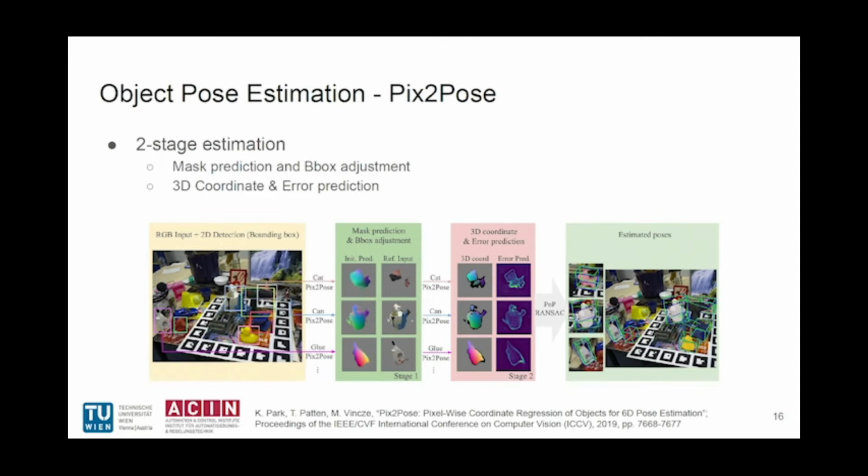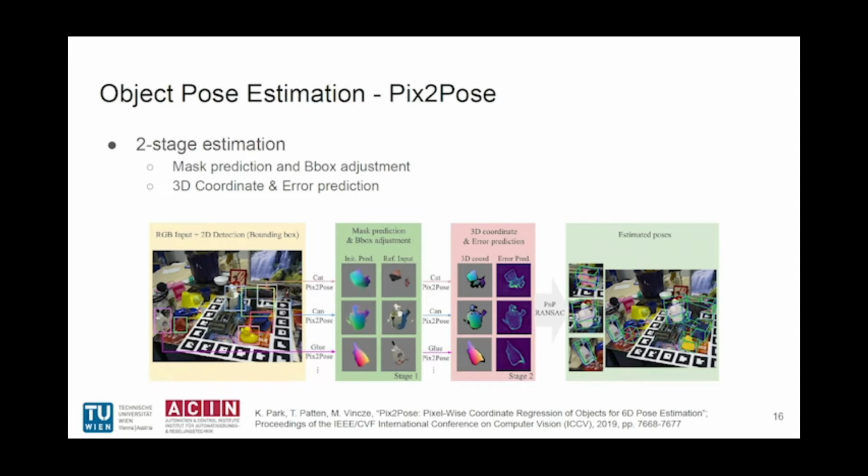In a little bit more detail, you can have a 2-stage approach or a 1-stage approach, depending on how you do the object detection. If you have an object detector beforehand that just gives you a bounding box, then you'll go through 2 stages, where the first stage estimates the correspondences as described and the mask of points belonging to the object.